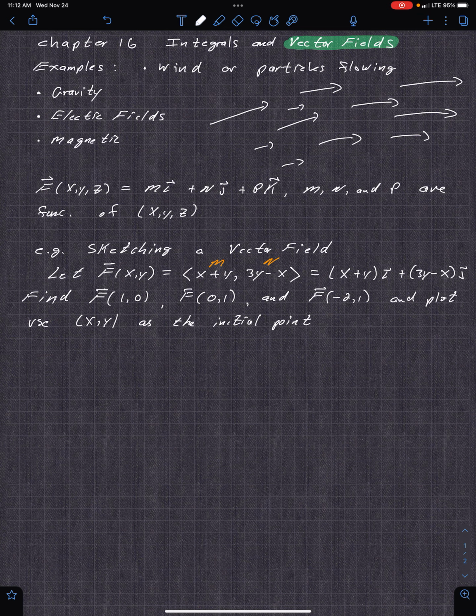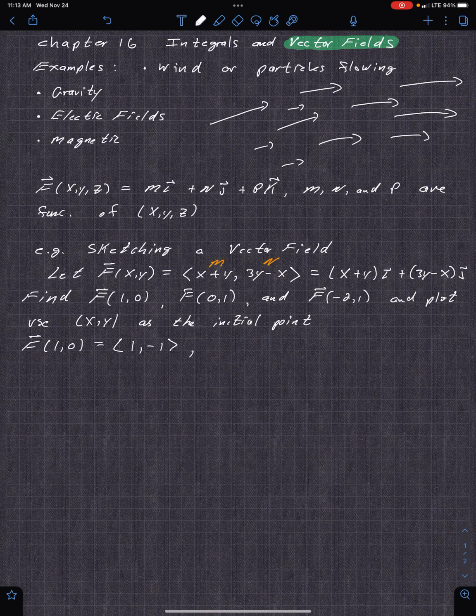and then you calculate the vector. So F of 1, 0 equals, substituting in here, you just get 1, and that's zeroed out, so negative 1. So you get 1, negative 1.